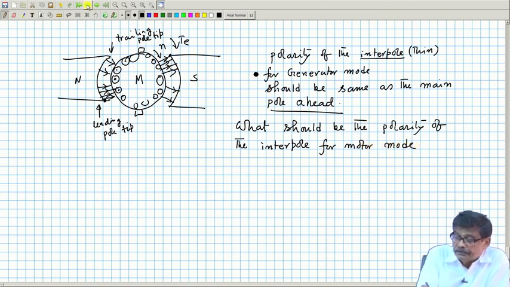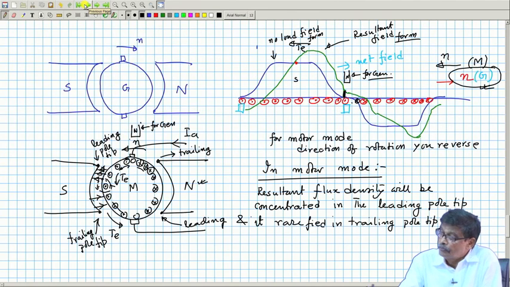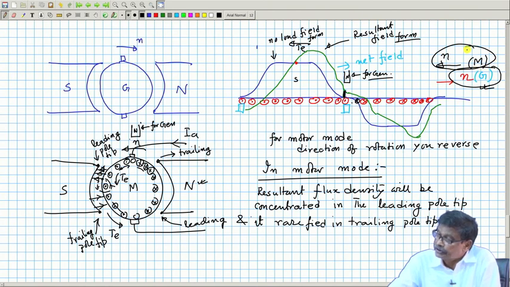Come to this diagram straight. For motor mode, the direction of rotation is from right to left. You are here, cross current, and here is a pole. You will be seeing that for motor mode the direction of rotation is from right to left.